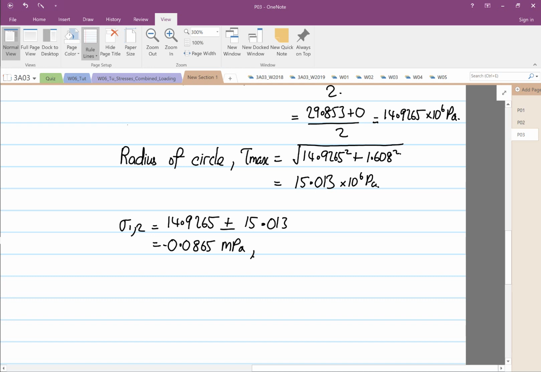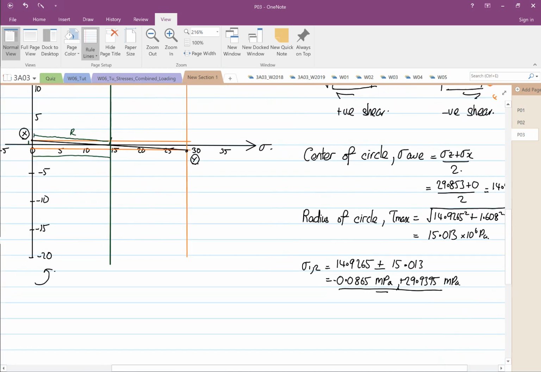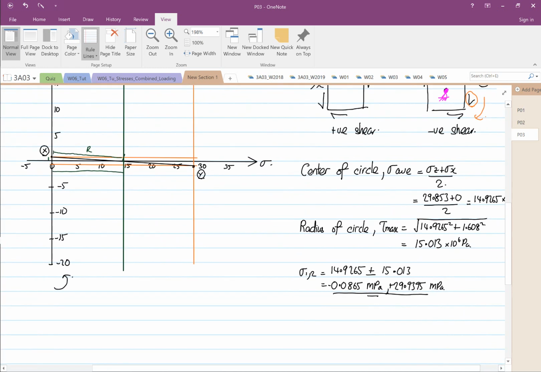And the other one is equal to 29.9395 megapascal. So we have identified the principal stresses acting on the element and the maximum shear stress.